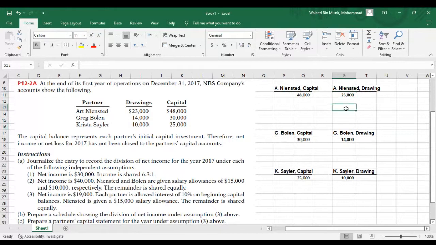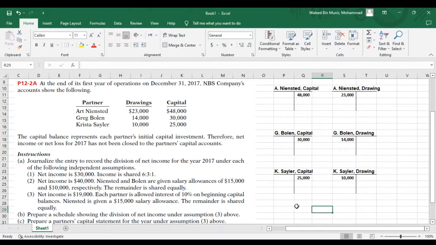Drawing means that during 2017 the owner took money from the business for personal use. When the owner takes money from the business for personal use, we record it as drawing, and it is always a debit. So debit 23,000 for the first person, the second person took 14,000 for personal use, and the third one 10,000.